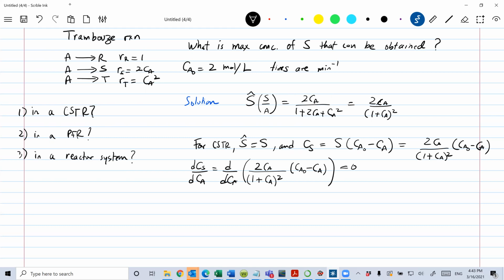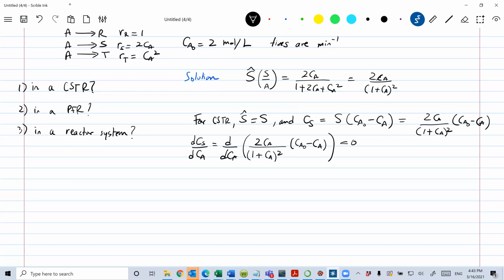So if you take that, you can put it in Wolfram Alpha. Don't try to solve it by yourself. And then Ca naught is equal to 2. If you do that, you find that Ca is 1/2 and Cs is 2/3.